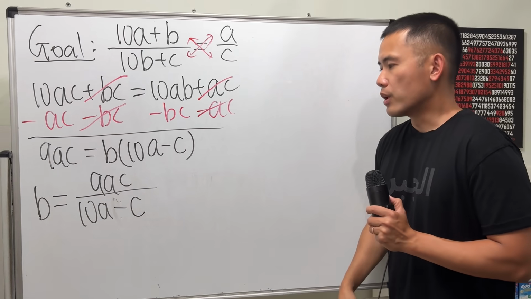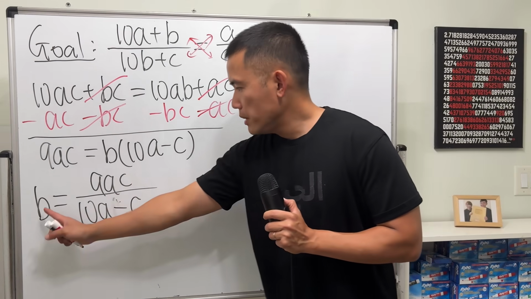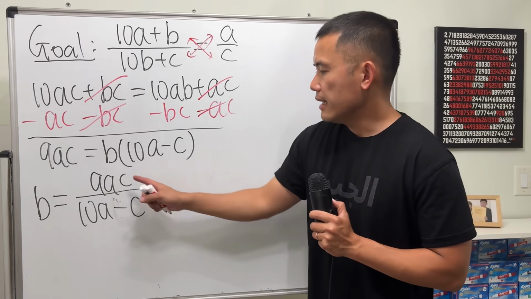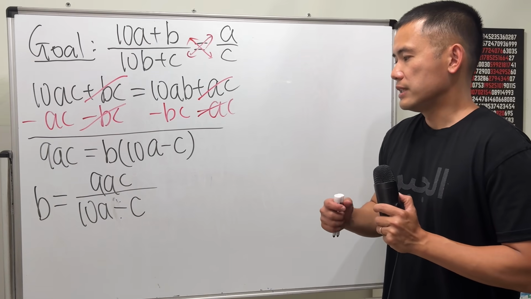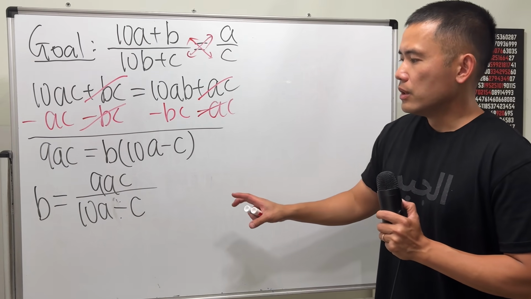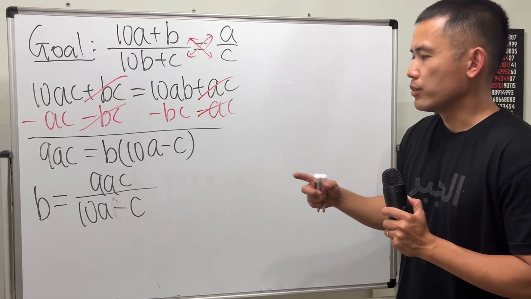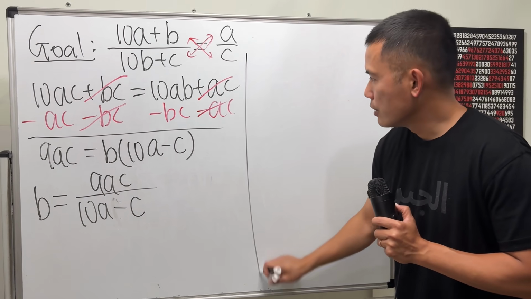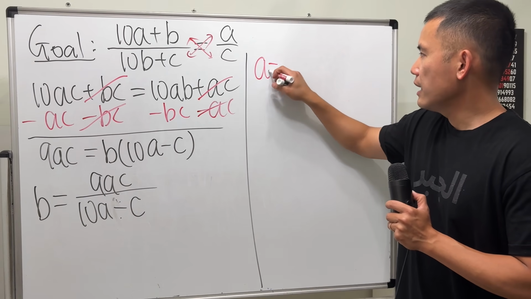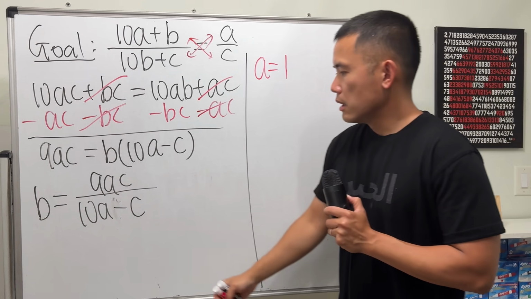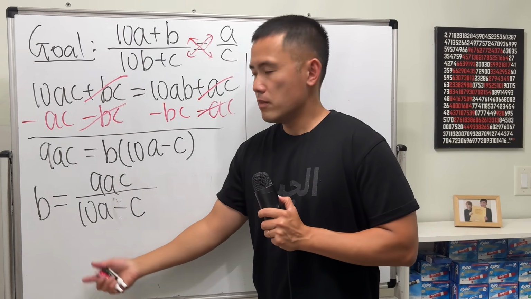Alright, so we did some work. Now, as you can see, B is going to be depending on A and C. And now we can just choose some nice numbers for A and C. And we have to make sure that B ends up to be a single digit number from 1 to 9. So here's an example that I came up with. If you take A equals 1, the bottom right here is 10.